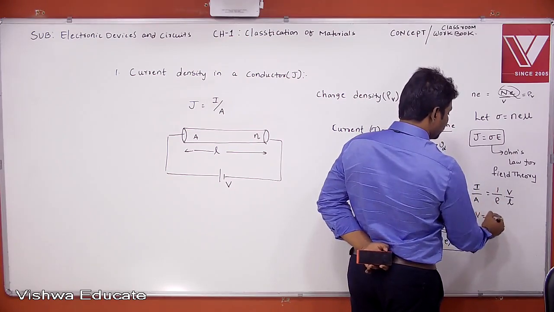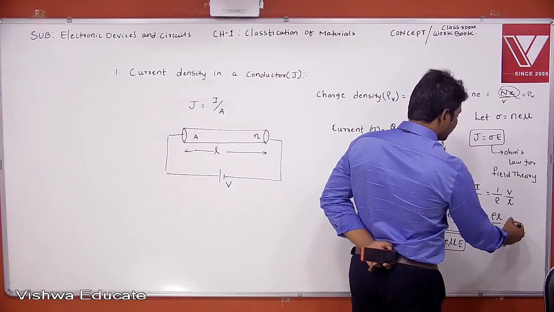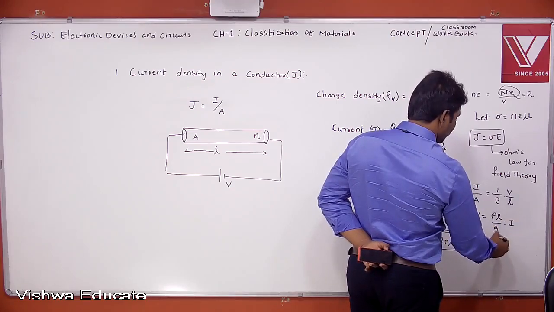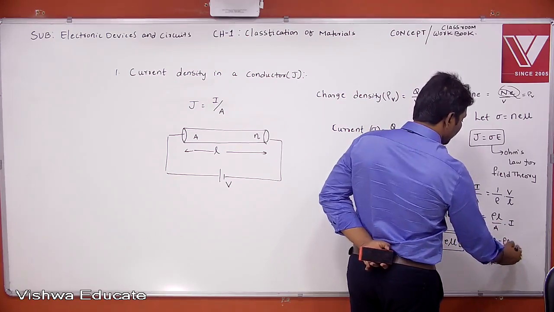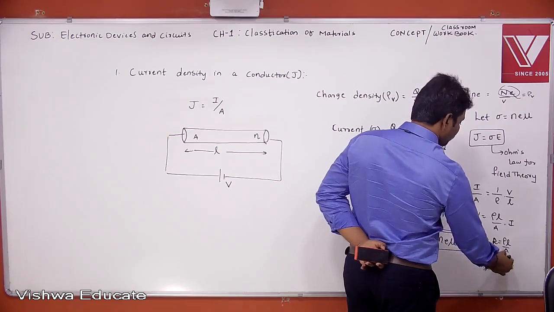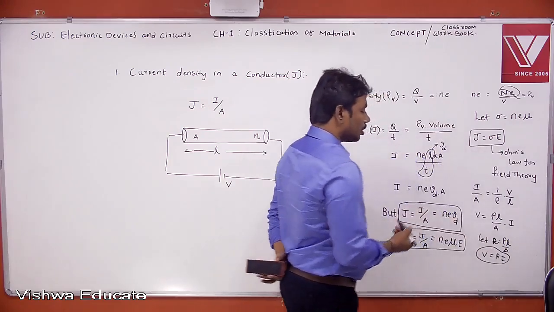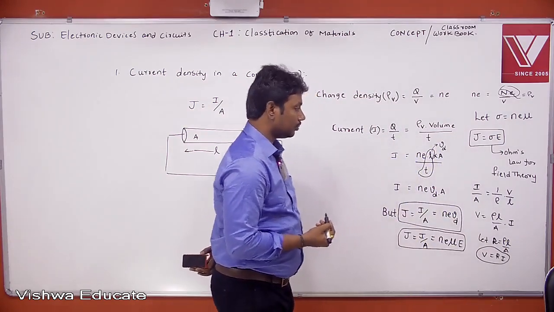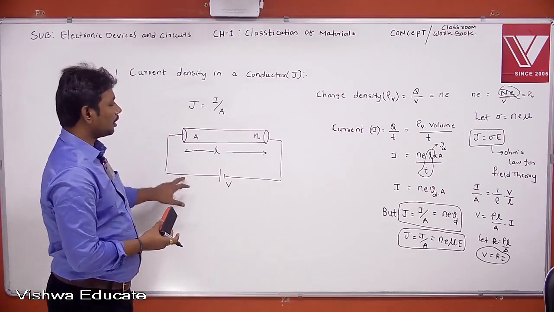So V equal to rho L by A into I. Let R equal to rho L by A. Then V equal to Ri. This is nothing but Ohm's law for circuit theory. So this is the current density in a conductor.